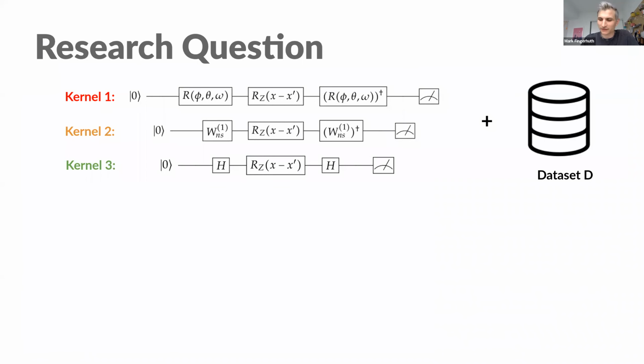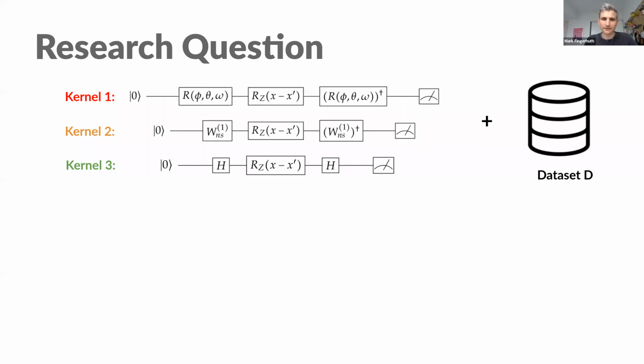First, the high-level research question. Imagine you're given a data set D and 3 different types of quantum kernels, kernel 1, 2, 3. The question is now to figure out which of these kernels would give us the best performance and the best results without actually running and executing all these kernels empirically and then looking at the results.